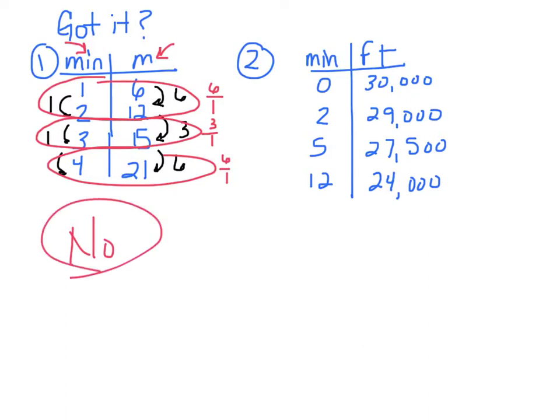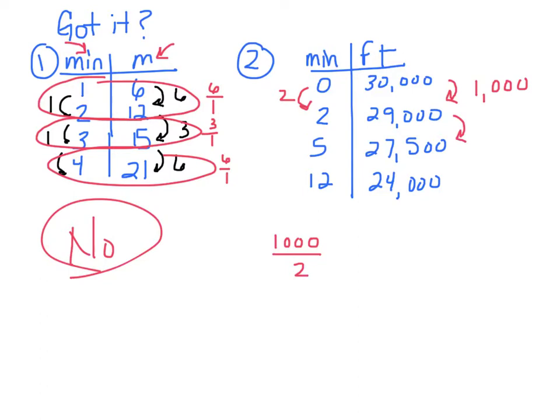So now in example 2, let's look at what our y value is doing, what our dependent variable is doing. We're decreasing by 1,000. Our x value, or our minutes, is increasing by 2. So we could write that as a ratio as 1,000 divided by 2.